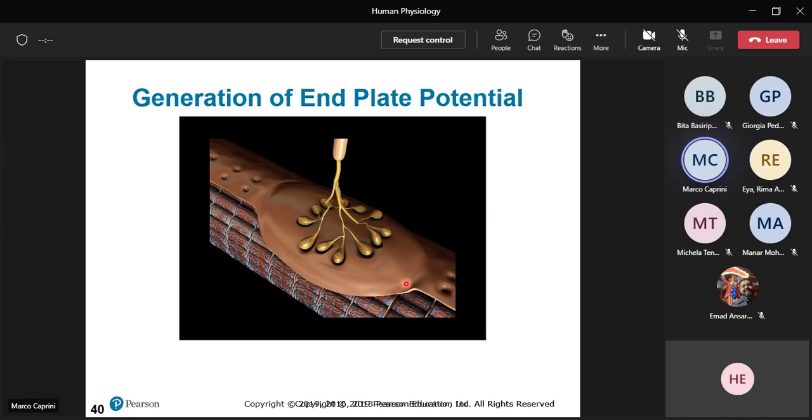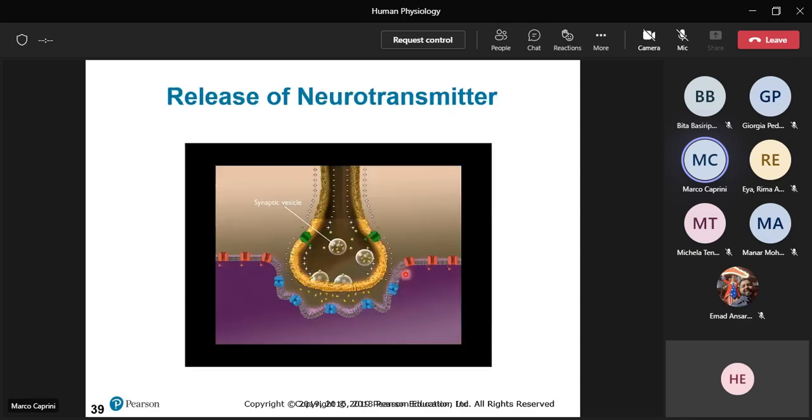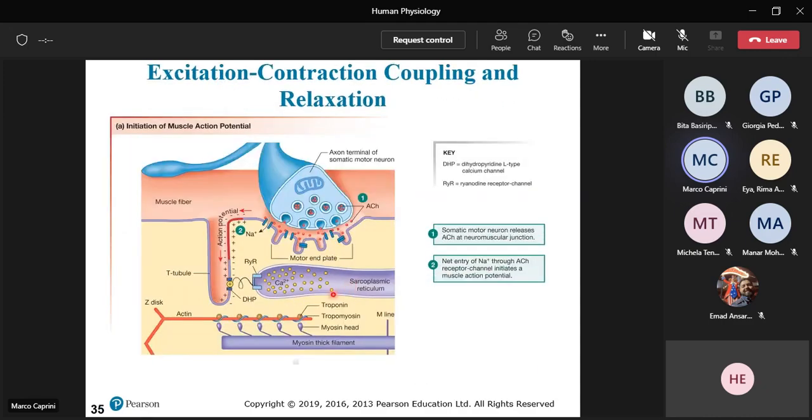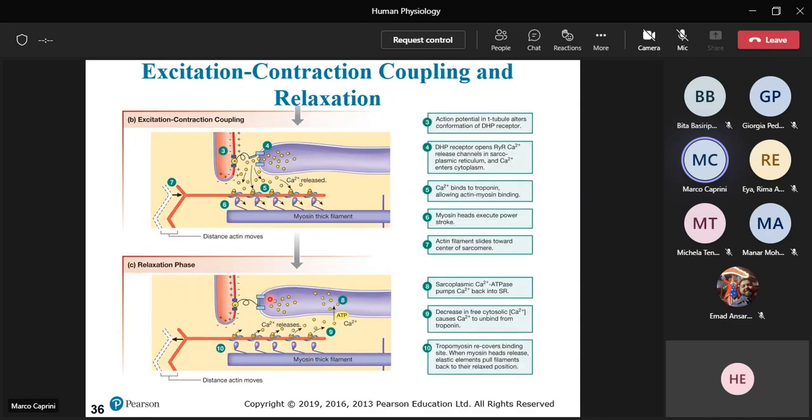Along the sarcolemma and down into the T-tubules and in the muscle, okay? So, in the muscle, the process is this one, as we have seen before. The action potential reaches the deepest part of the T-tubules, opens the DHP and the ryanodine receptor because they sense the depolarization.